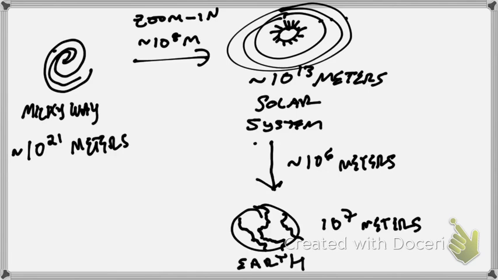And now let's just say we are looking at the Earth from, I don't know, our little spaceship, all right? This view is 10 to the 7 meters. Isn't that crazy, huh? That is the power of the metric system.